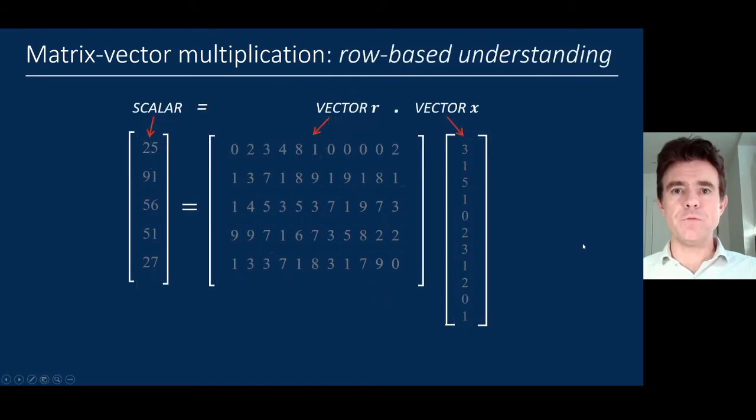So first off, we'll do what I call a row-based understanding of matrix vector multiplication.